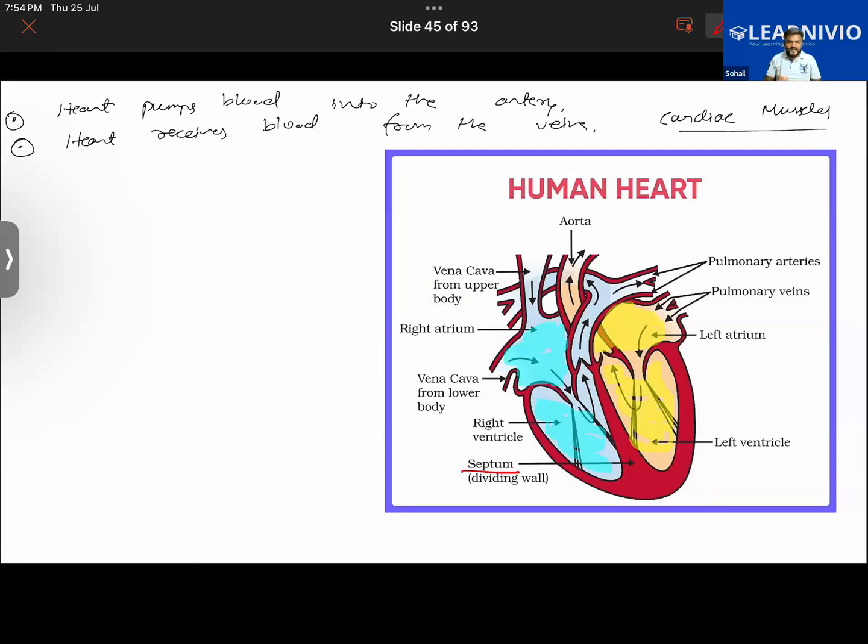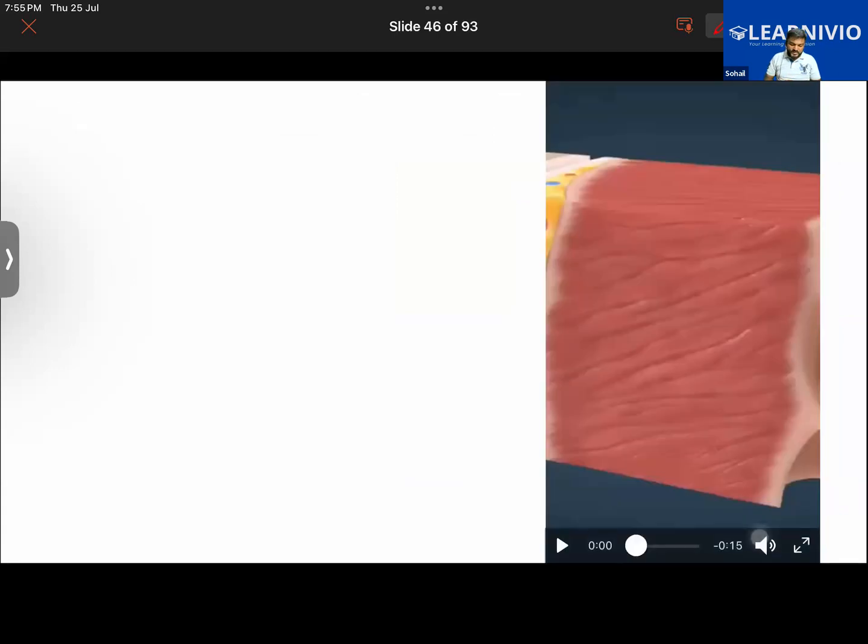So far, have you got a general idea of the structure of the human heart now? Yes, sir. Good. Now, all of you pay close attention to this animation.